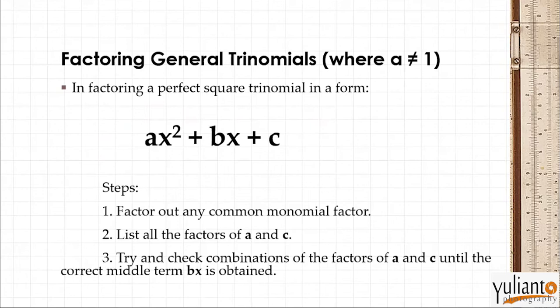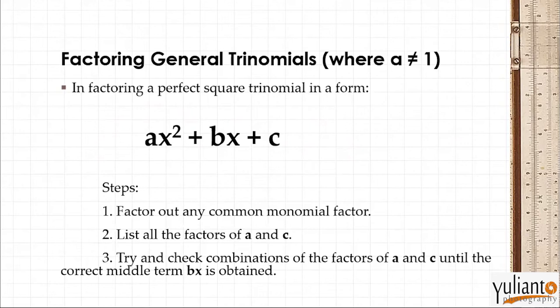Number 2, list all the factors of a and c, wherein a is our first term and c is our last term. Try and check combinations of the factors of a and c until the correct middle term bx is obtained. bx is our middle term.